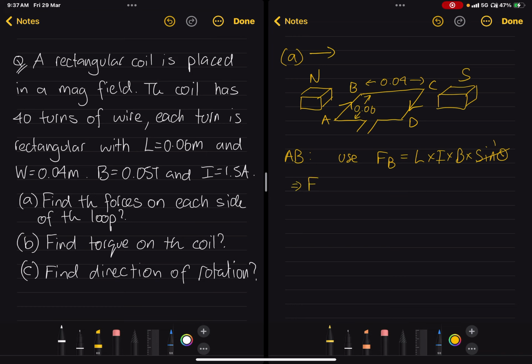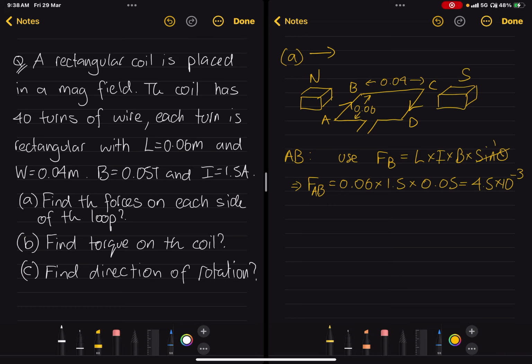This implies the force on wire AB will be equal to its length, which is 0.06 meters, multiplied by the current running through it, which is 1.5 amps, multiplied by the magnetic field, which is 0.05. This gives me 4.5 times 10 to the minus 3, and this will be newtons.